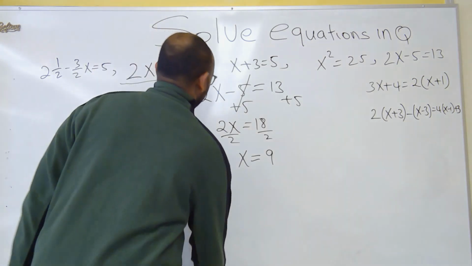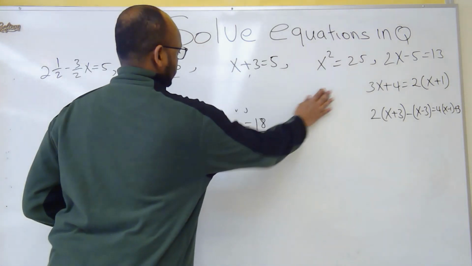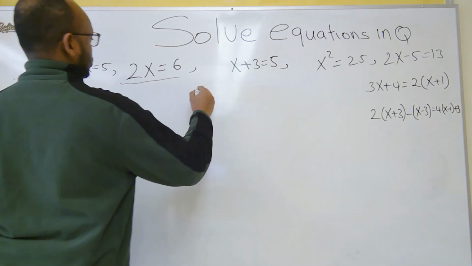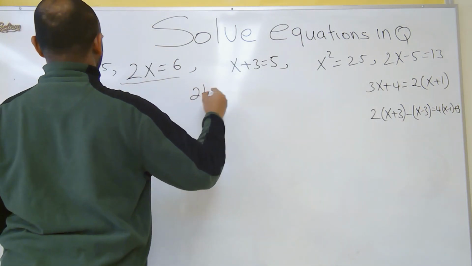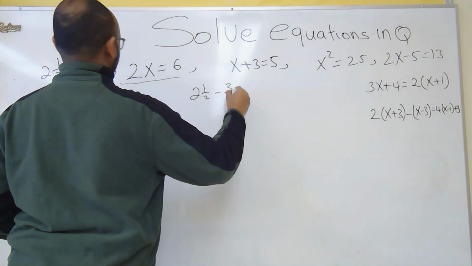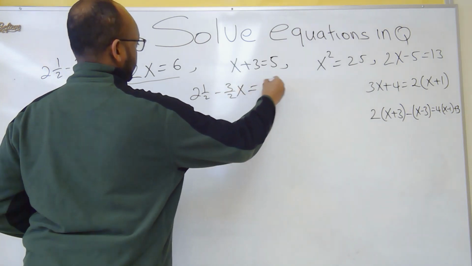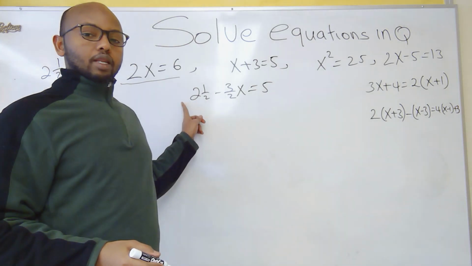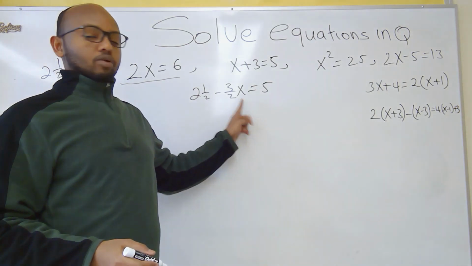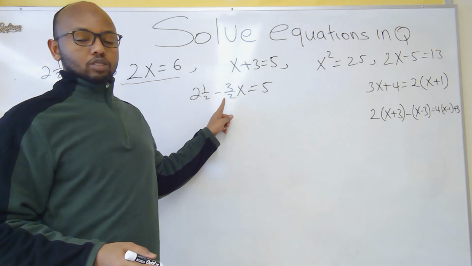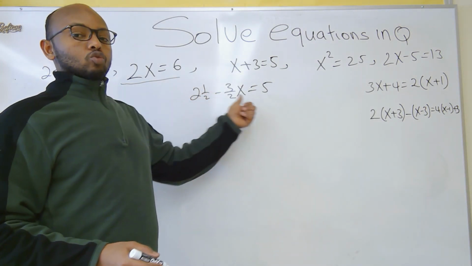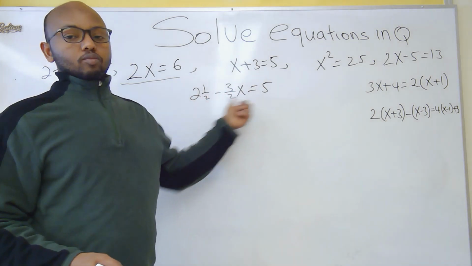Okay, the next question is with fractions: 2 and a half minus 3/2 x equals 5. As I said before, we deal with the number added or subtracted to the variable first, before we do the multiplication and division. We have 2 and a half added on this side, so we have to subtract 2 and a half from both sides.